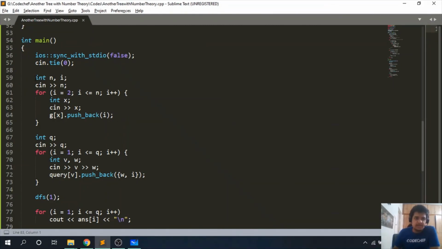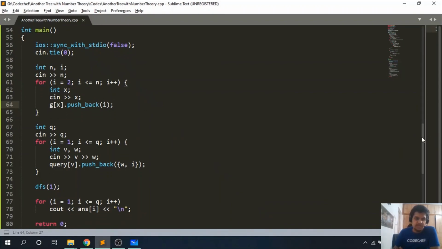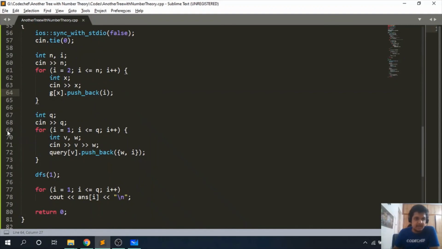Here initially I've taken input n, which is the number of nodes. Then I've taken input the parent of the I plus 1th node, and I have pushed it into a tree. So g, a vector of vectors, is my tree. Now I've taken input q, which is the number of queries, and for each query I take two variables.